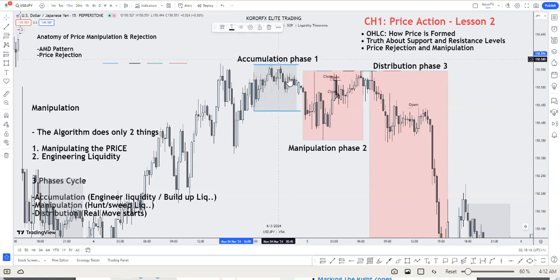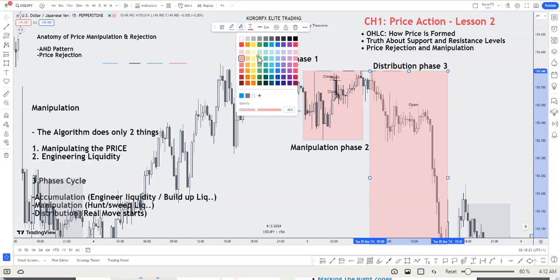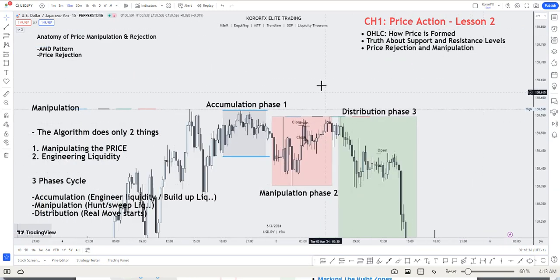Accumulation phase 1, then manipulation phase 2, and distribution phase 3. And this is how the price really forms the manipulation, distribution, and also the accumulation.